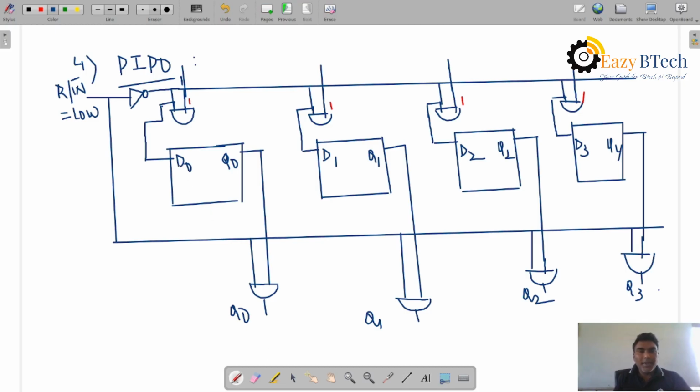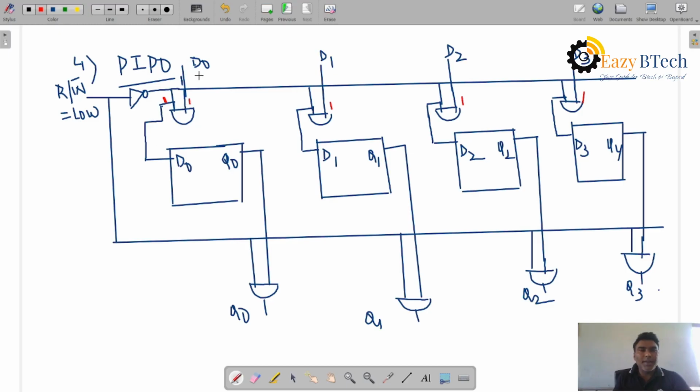The parallel input data is D0, D1, D2 and D3, and the outputs are the parallel output data, Q0, Q1, Q2 and Q3. When read write bar is equal to low, it will be 1. So one AND gate will have one path as 1.